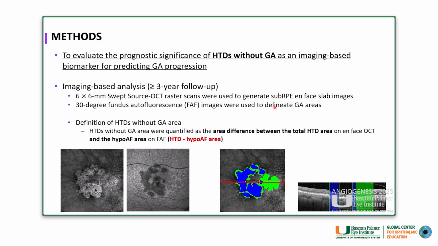Fundus autofluorescence images were used to delineate geographic atrophy areas. HTDs without GA were quantified as the area difference between the total HTD area on en face image and the corresponding hypoautofluorescence area.